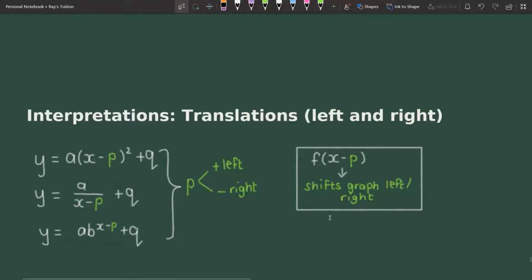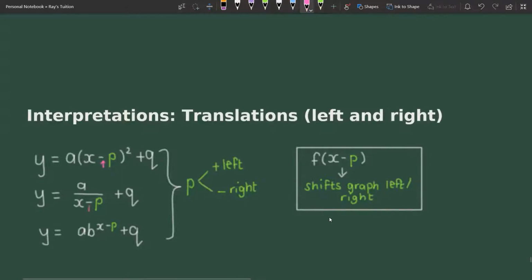And what is cool is that all the p's do the same thing. A positive p can be seen as a left shift of the graph, and a negative p can be seen as a right shift of the graph. I know this is opposite to logic. You expect positive to be right and negative to be left, but that is not the case because of this negative in the equation.